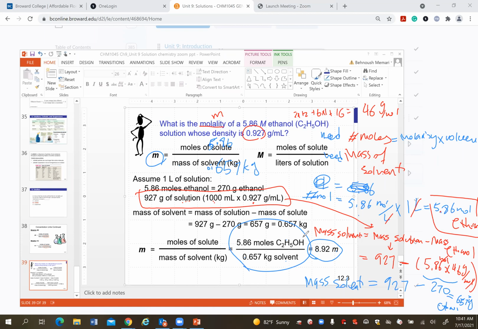Molality is not used often in 1045, but when you go to 1046, if you were expected to learn this in 1045, then at least you have heard about it.